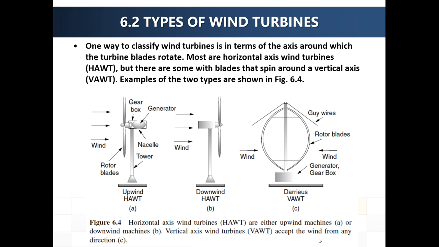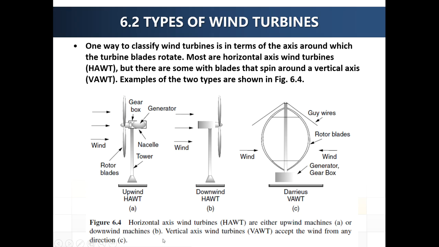One way to classify wind turbines is in terms of the axis around which the turbine blades rotate. Most are horizontal axis wind turbines, called HAWT, but there are some with blades spinning around a vertical axis, called VAWT.